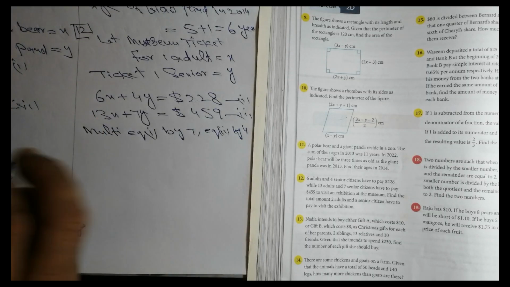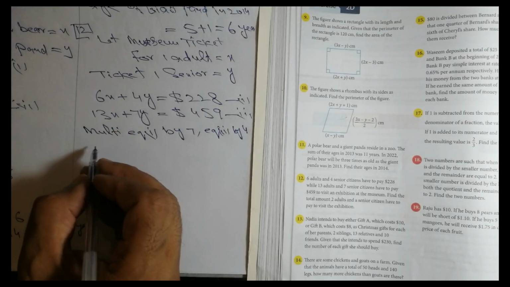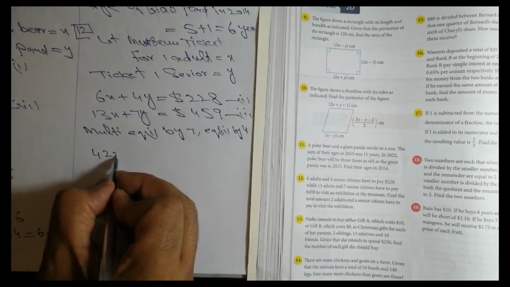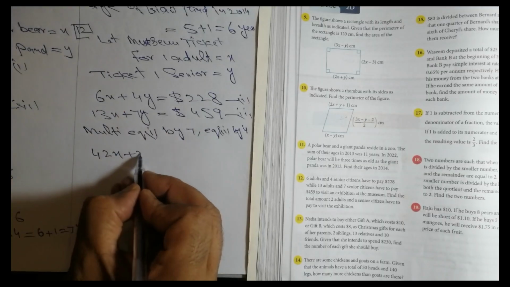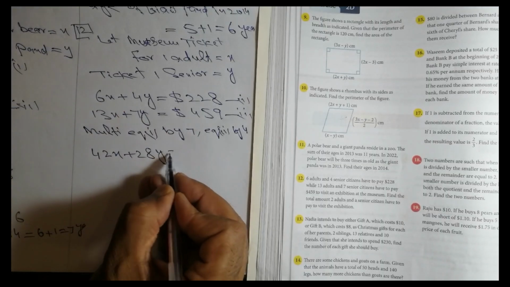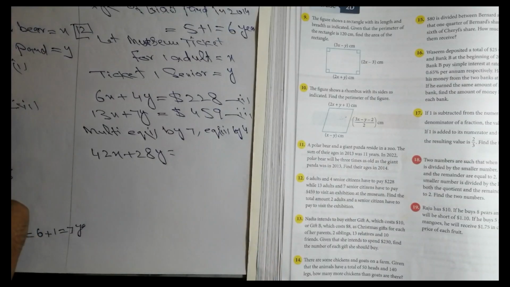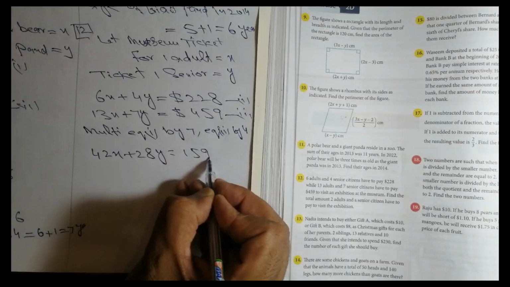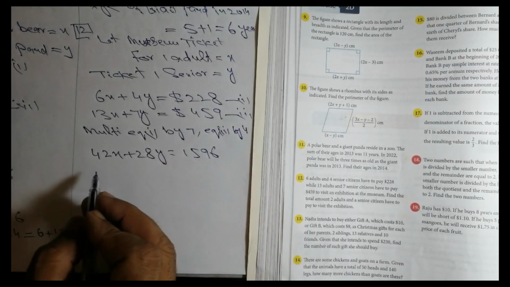So 7 into 6, 42x plus 28y equals 228 into 7, that is equal to 1596, which is dollars actually.